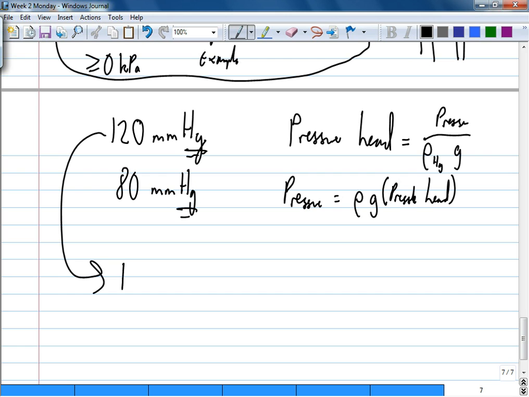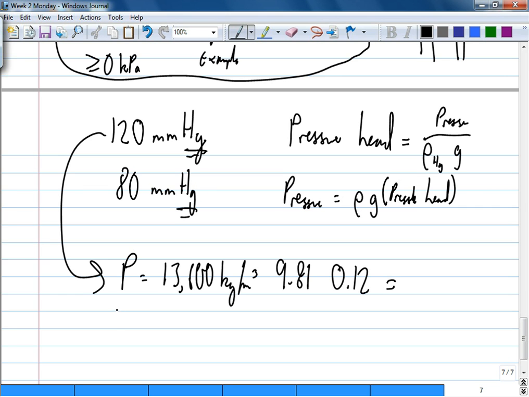The pressure is equal to rho of mercury, 13,600 kilograms per meter cube, times g, 9.81, times, in this case, 0.12 meters. 120 mm. Someone punch that into the calculator. And 80 mm is the same, P equals the same with 0.08. How many Pascal?